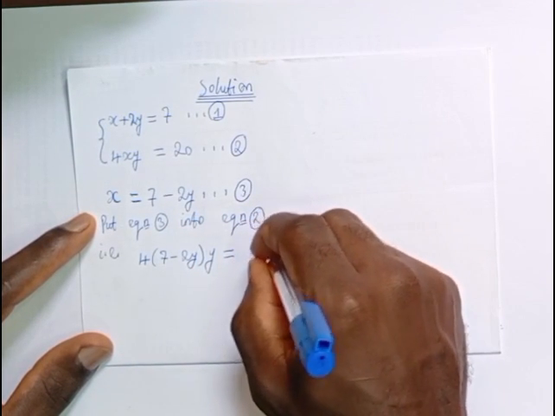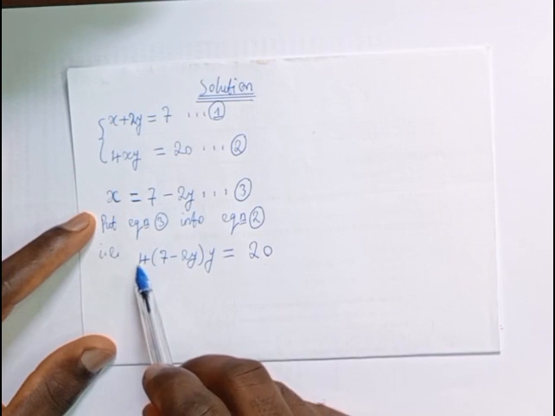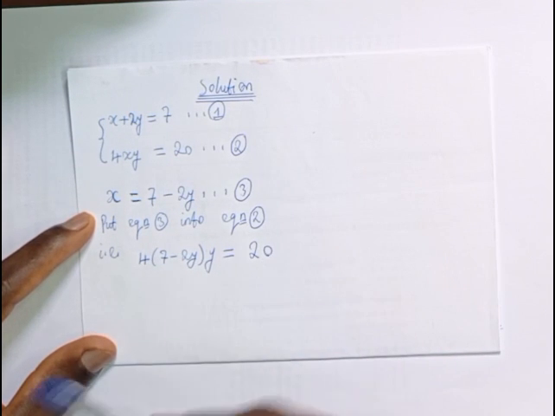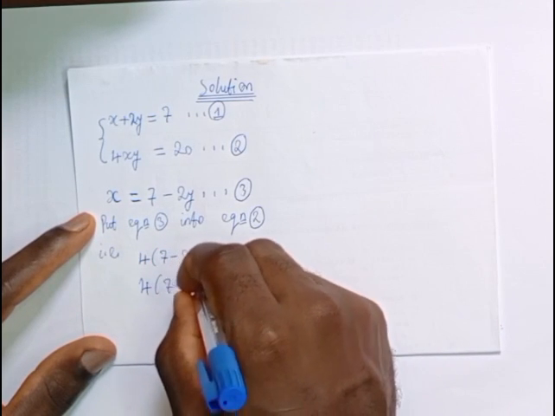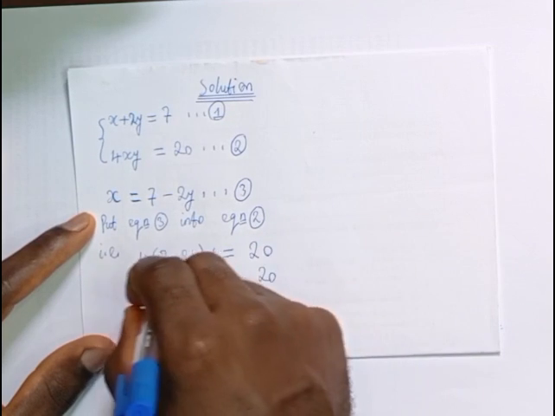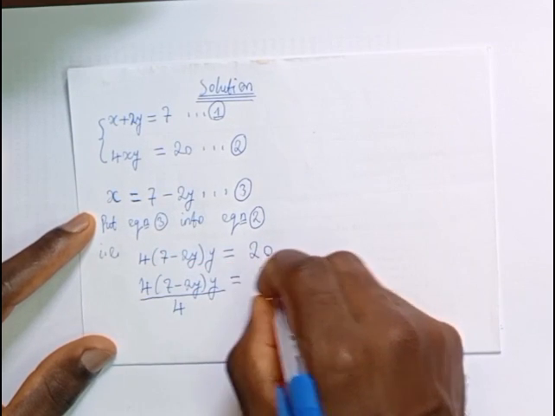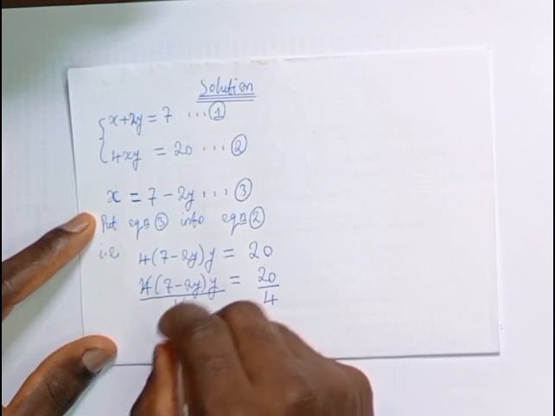is equal to 20. Next, what we are going to do is divide all through this equation by 4. 4 times 7 minus 2y times y is equal to 20. We divide both sides by 4. This will give us, at the left hand side, 4 will strike off 4.